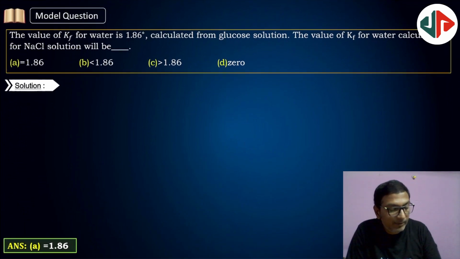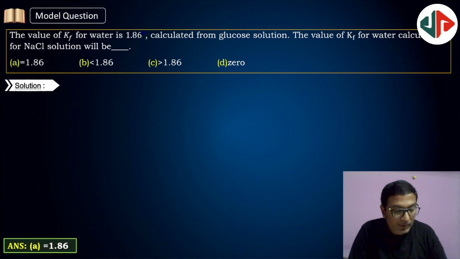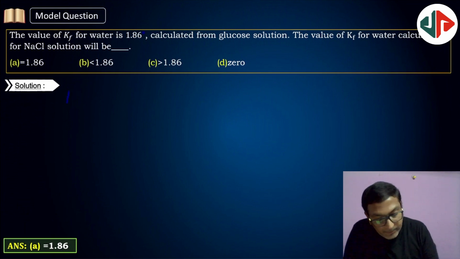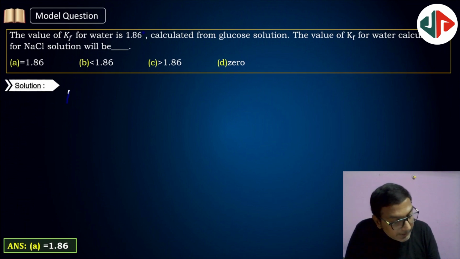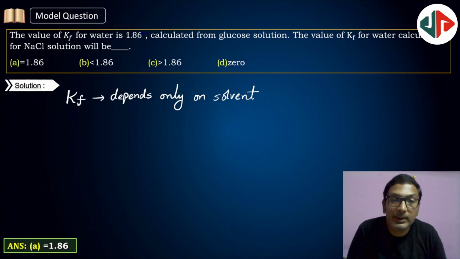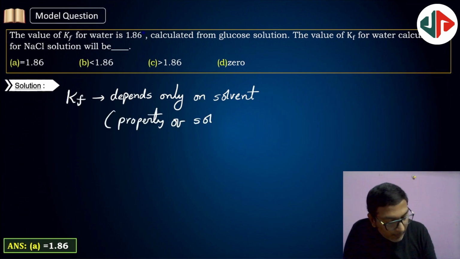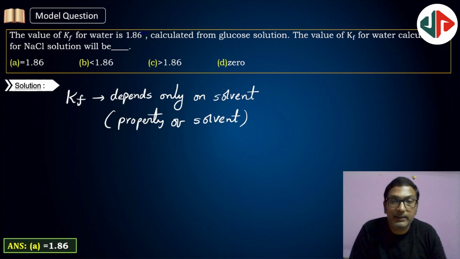The value of Kf for water is 1.86, calculated from glucose solution. The value of Kf for water calculated from NaCl solution will be? See here, Kf and Kb depend only on solvent. That means it is a characteristic property of solvent, independent of solute added.